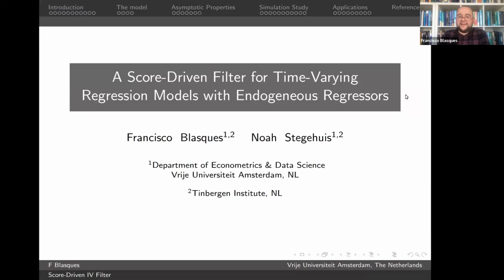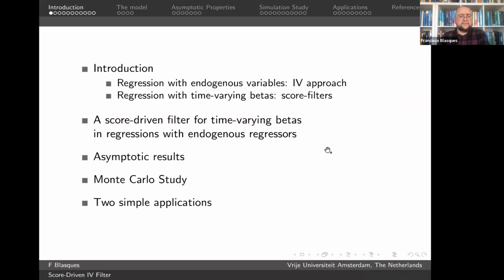So the plan for the talk is to start with an introduction in the form of a recap of regression with endogenous variables and instrumental variable regression. I'm a bit afraid that for those familiar with IV, this will be quite obvious, maybe too simplistic.